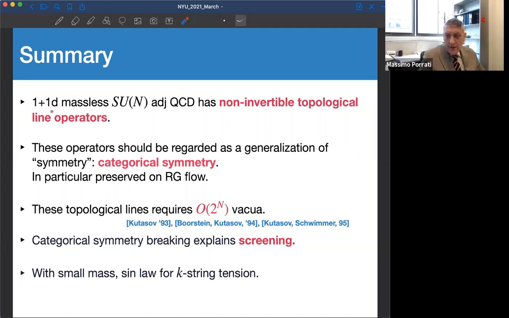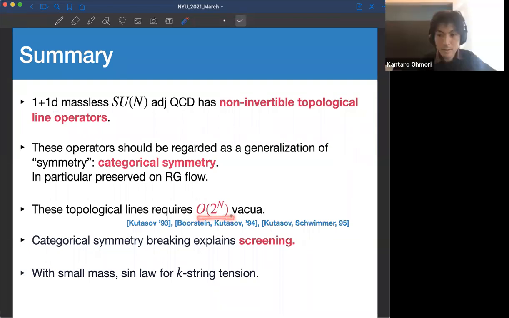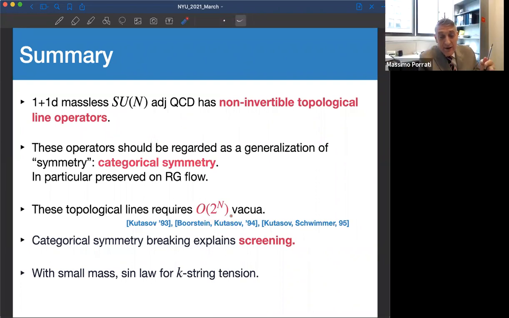So I wanted to ask a question. In the large N limit, isn't this adjoint QCD soluble? Yes. So how does this fact agree with having an infinite number of vacua?